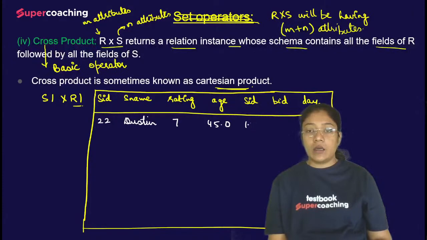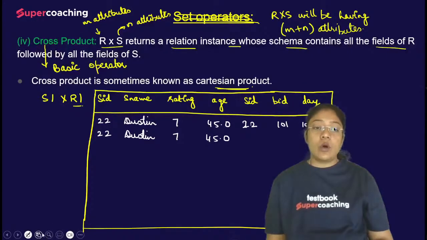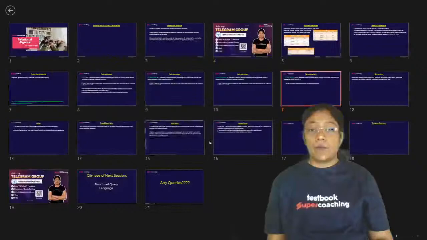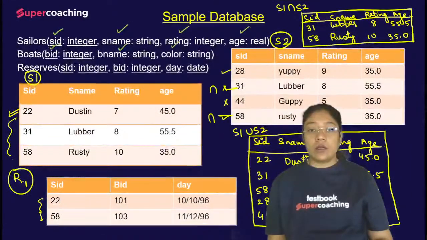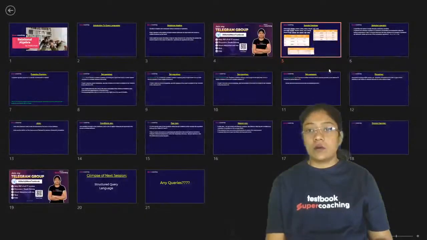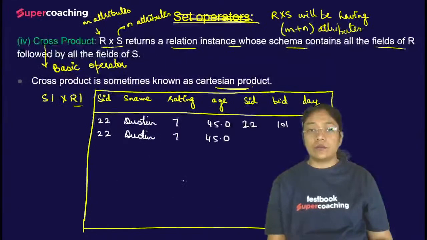Similarly, now we'll be taking its combination with the second entry of the reserves relation, that is 58, 103, and 11, 12, 96.